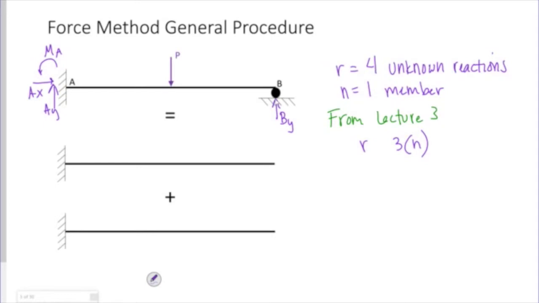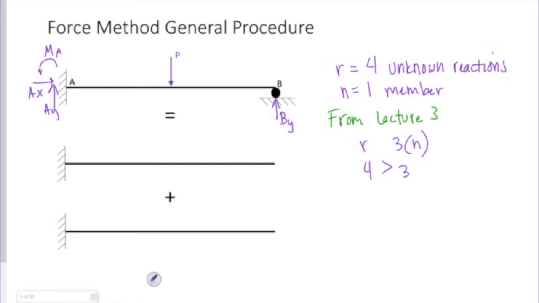And I can have as many equations of equilibrium as I have members of my structure. There's only 1 member. So 4 compared to 3. Uh-oh. I have more reactions than I have equations.